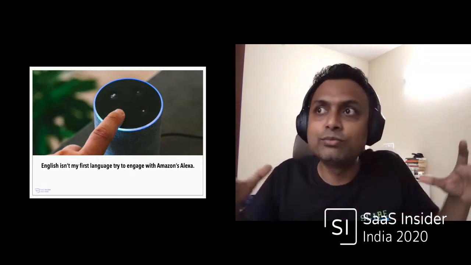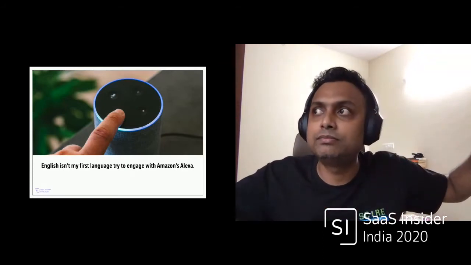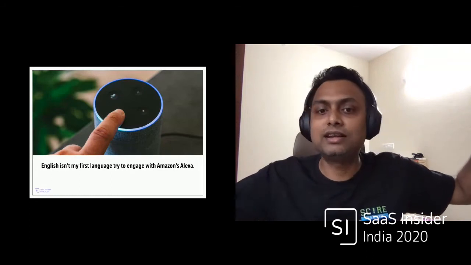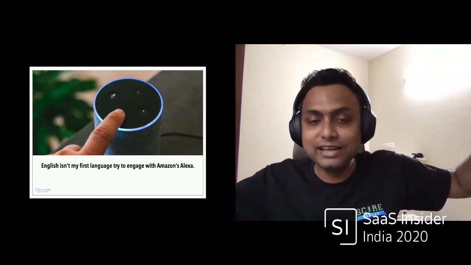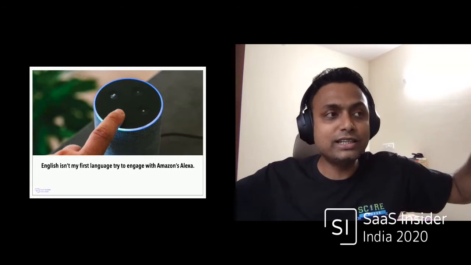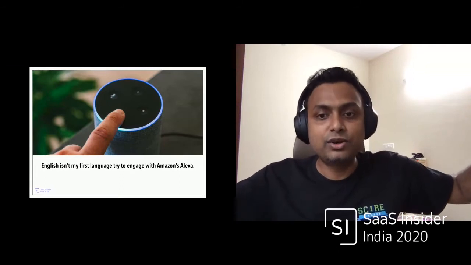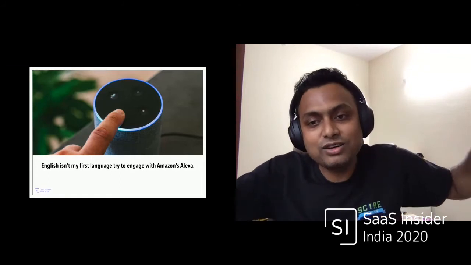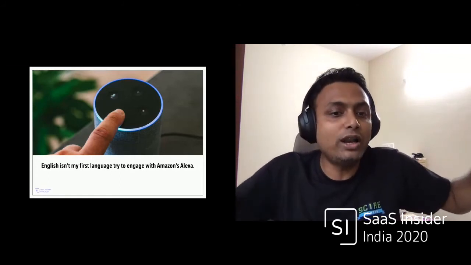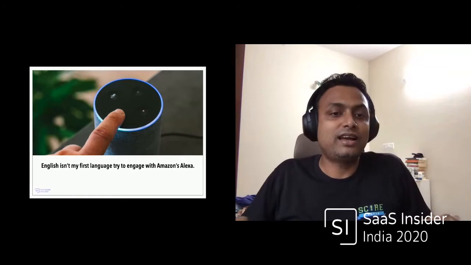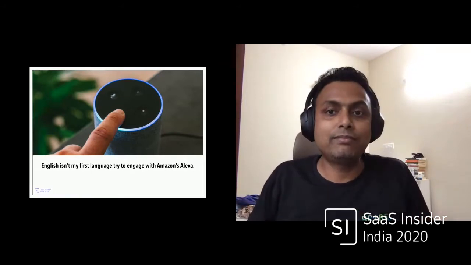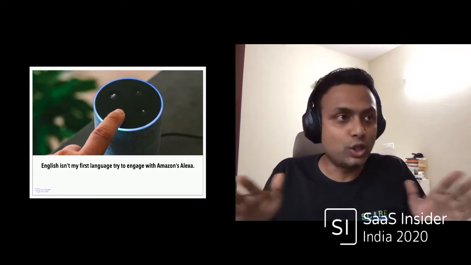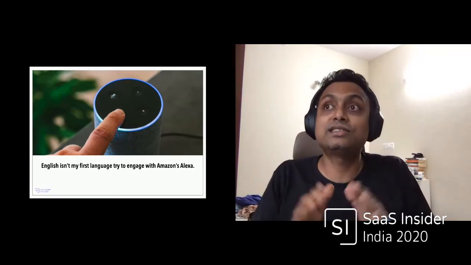Now slowly they are moving into localized languages or localized English languages. But if you look at this conversation interface, which has been programmed with unconscious bias, assuming that all end users will speak and sound the same. But in reality, it is not. In reality, it is something different.